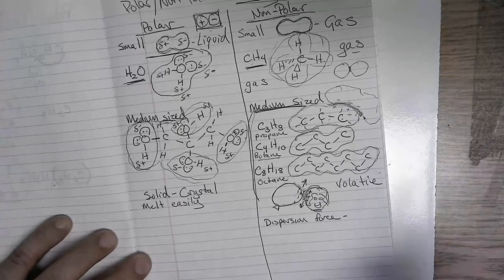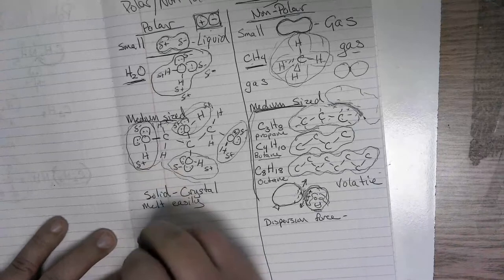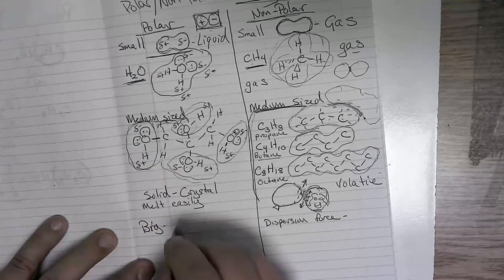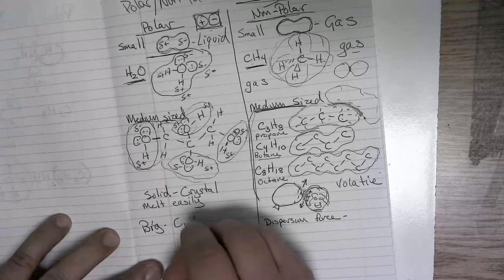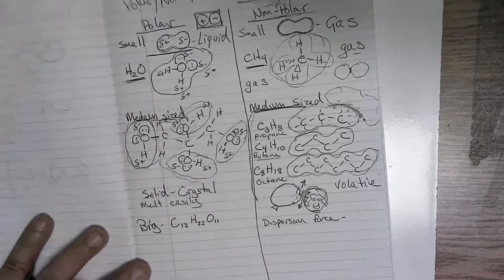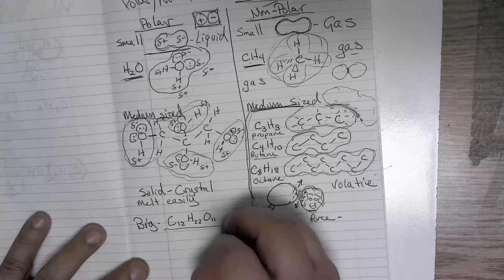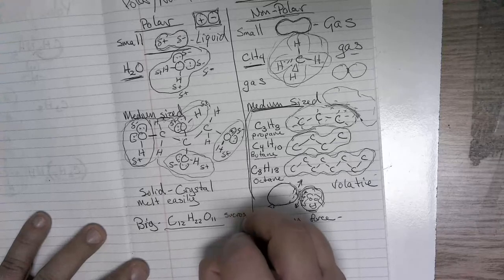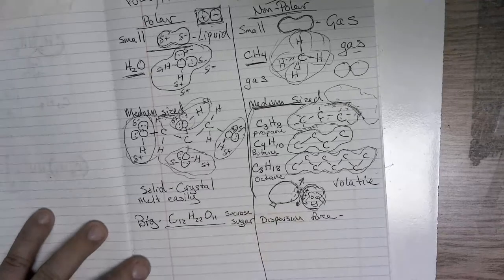All right. So what if I make my molecule huge, really big? Something like C12H22O11. This is sucrose, which is sugar, table sugar, right?